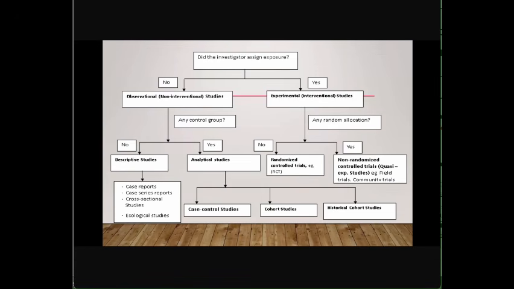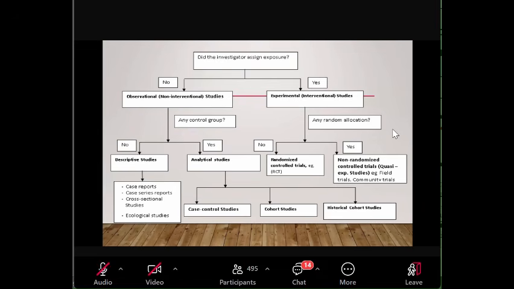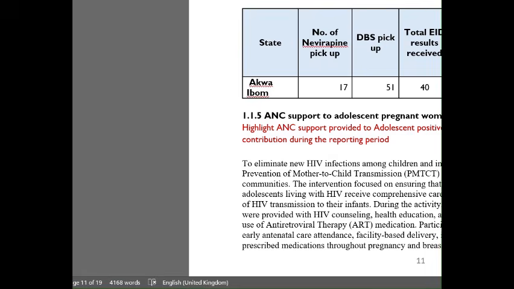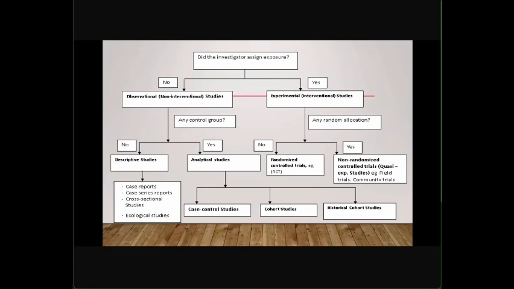So if an observational study has a comparative group or a comparison group or a control group, as I said, they're just synonyms, such observational study is called an analytical study if there is presence of a comparison group. However, if an observational study does not have a comparison group, such observational study is called a descriptive study.